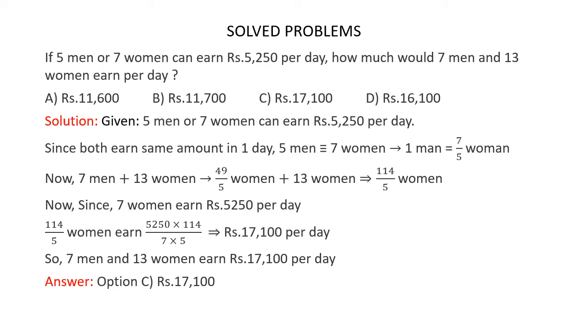Now, since 7 women earn rupees 5,250 per day, 114 by 5 women earn 5,250 multiplied by 114 divided by 7 multiplied by 5. On solving this, we get rupees 17,100 per day. So 7 men and 13 women earn rupees 17,100 per day. The correct answer is option C, 17,100.